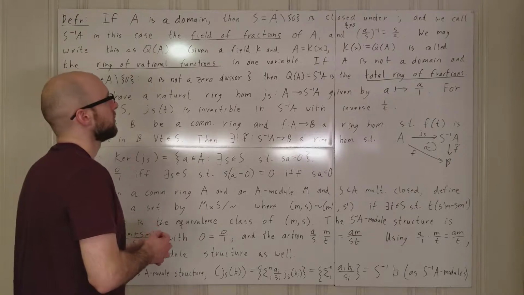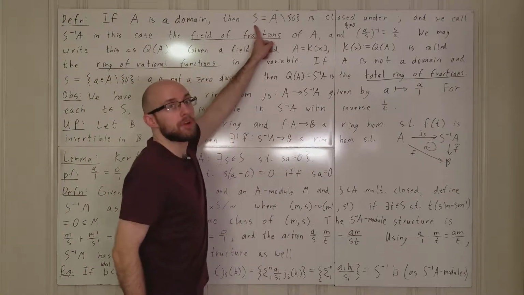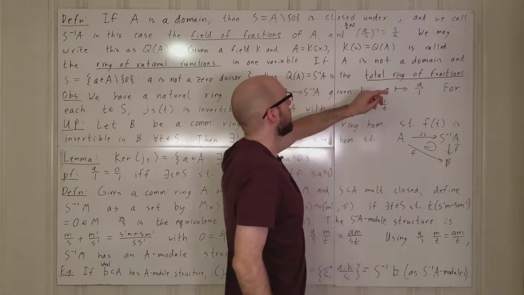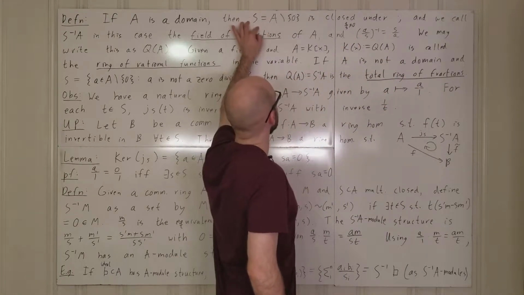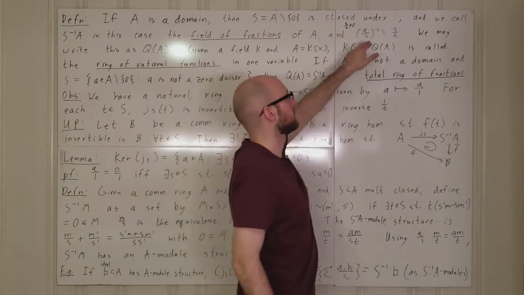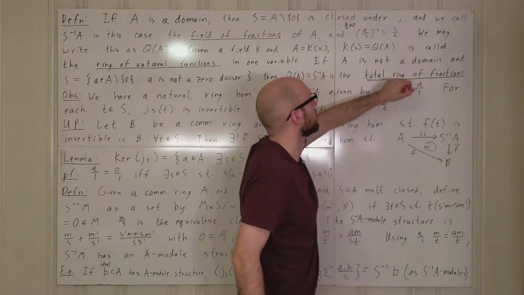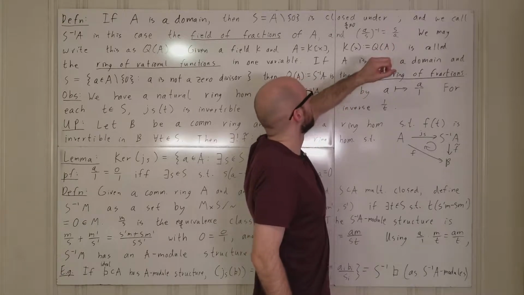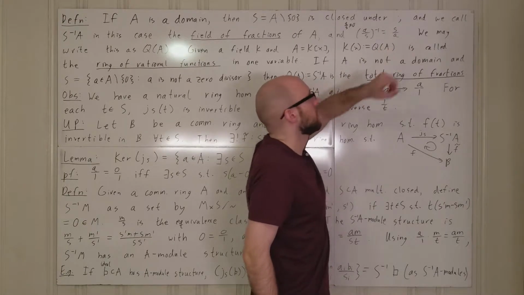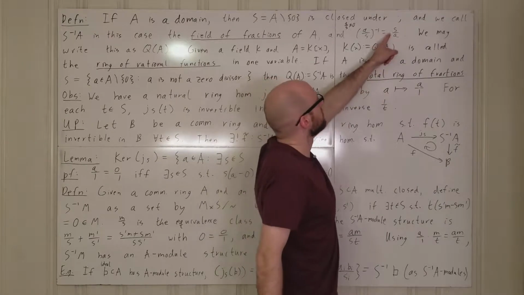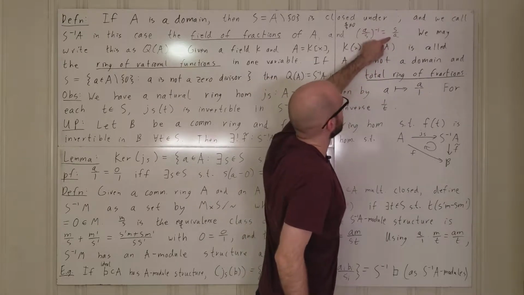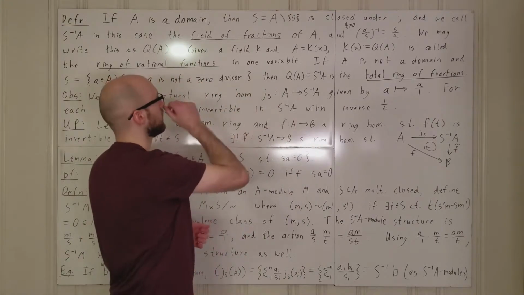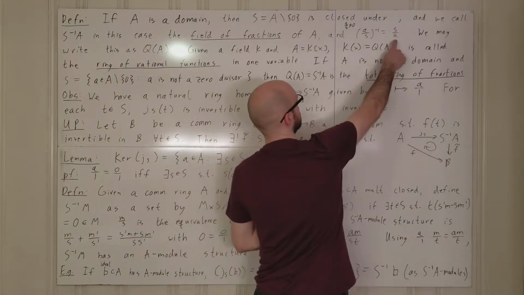So A is non-zero, therefore A belongs to S, and so we can put A in the denominator here. And S is in S, which is a subset of capital A, and so we can put it in the numerator here. So this element is indeed in S inverse A, and if you multiply S over A times A over S, you'll get 1 over 1, which is the multiplicative identity, and so this is the multiplicative inverse of that.